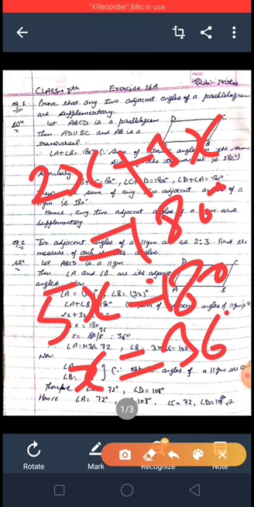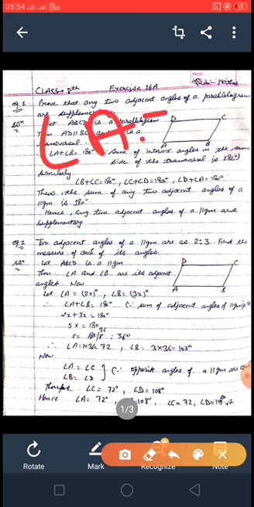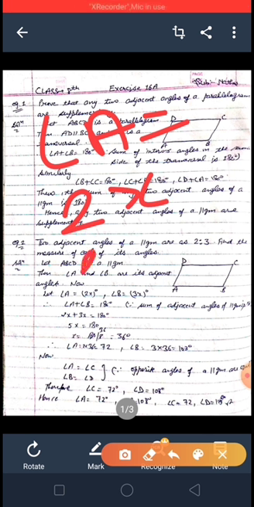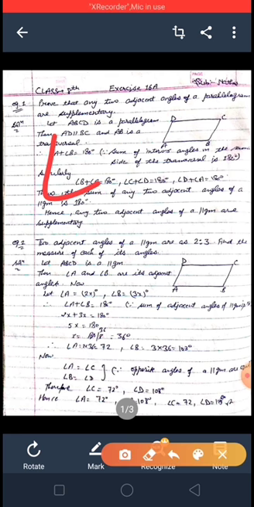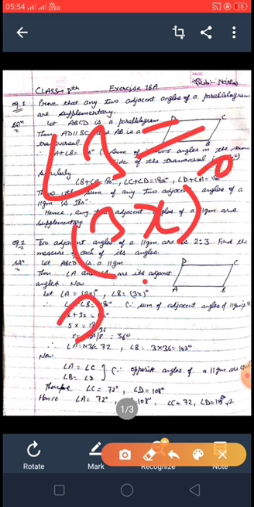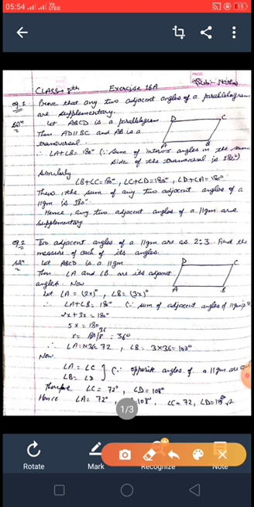And so the value of x is 36. Now find out angle A. Angle A is equal to 2x, it means 2 into 36, it will become 72. Similarly, angle B which is equal to 3x, so it will become 3 multiplied by 36, it will become 108 degrees. Now look, we found angle A and angle B which are equal to 72 and 108 degrees.